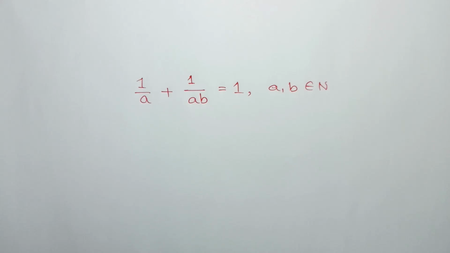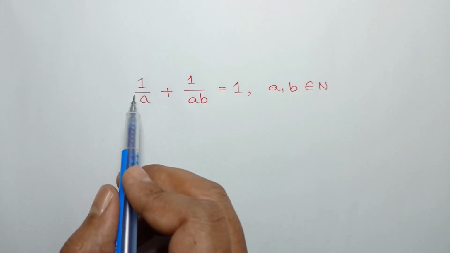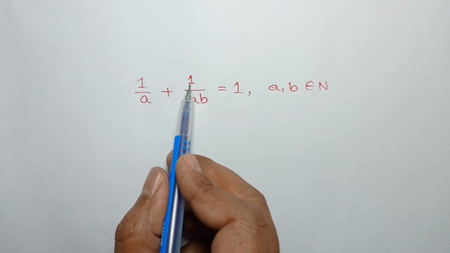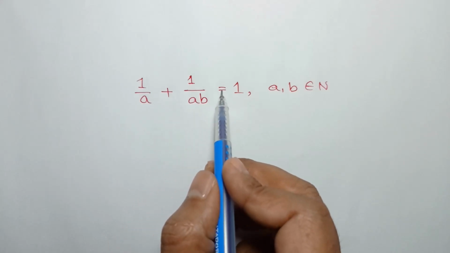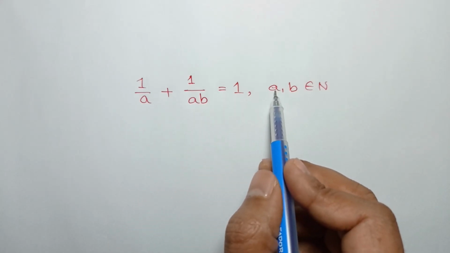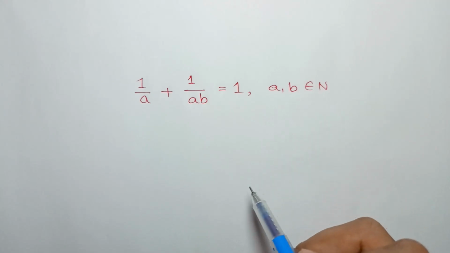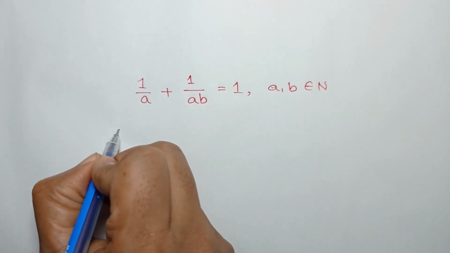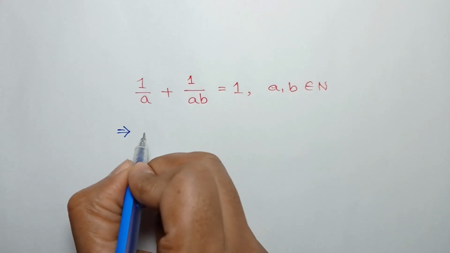Hi everyone, in this video I am going to show how to solve this equation: 1 over a plus 1 over ab is equal to 1, where a and b are natural numbers.